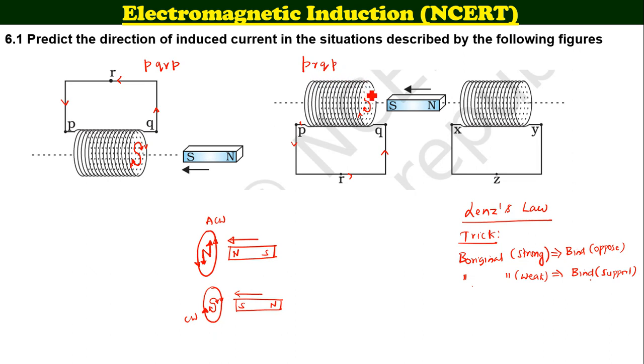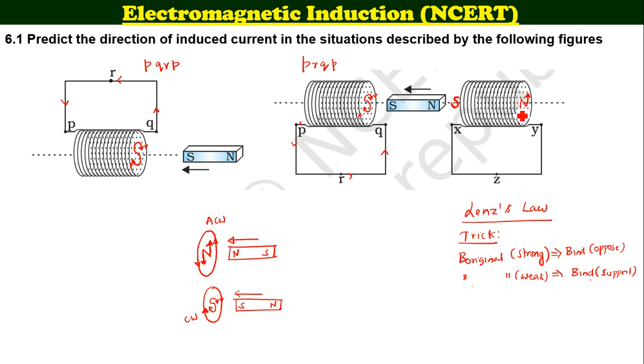Now let us talk about the direction of induced current in this loop. Here the north pole is going away. That means the bar magnet is going away, so the original magnetic field is becoming weak. That means the induced field should be supporting it. So at this side it should be forming a south pole, and if a south pole is forming here, there should be a north pole on this side.